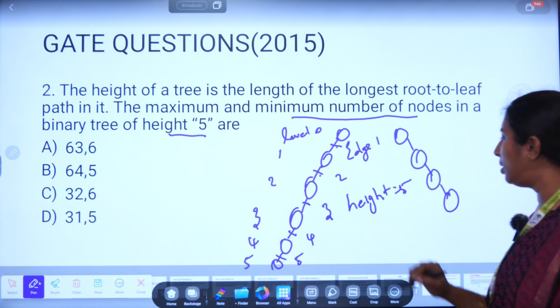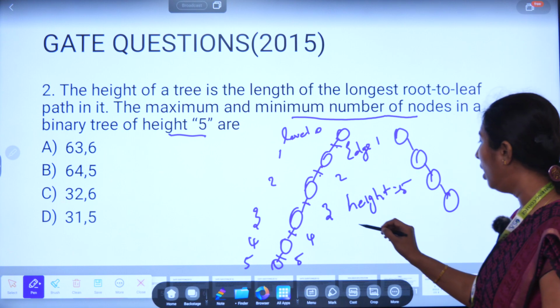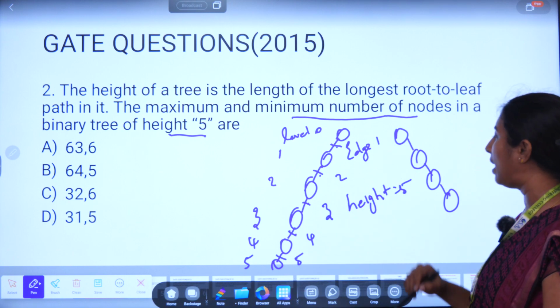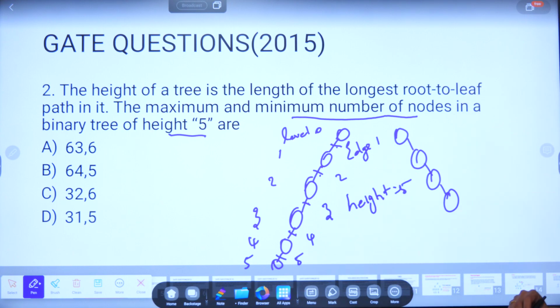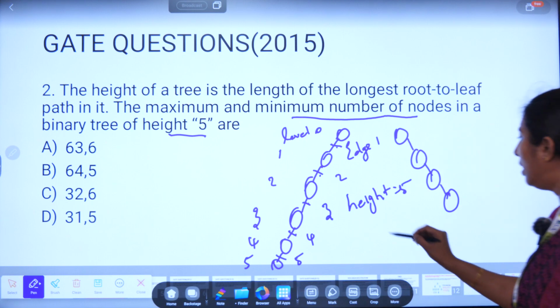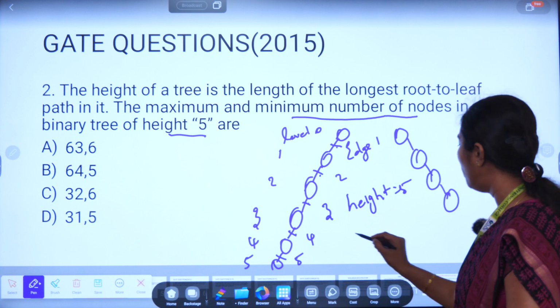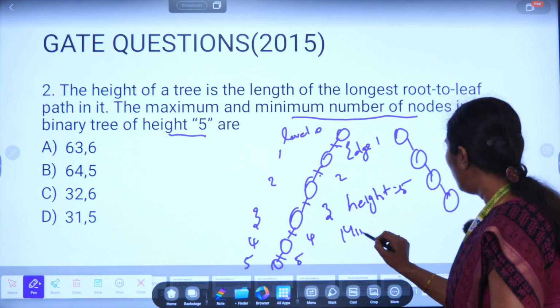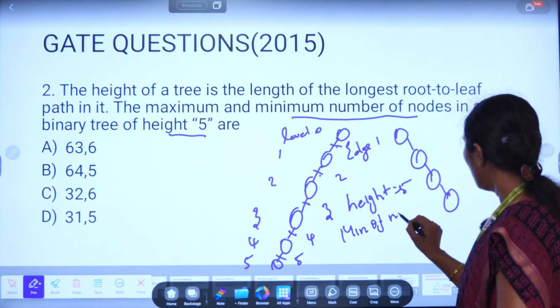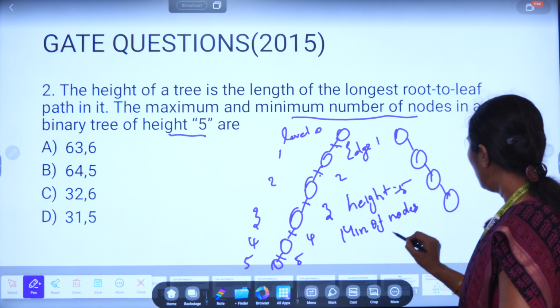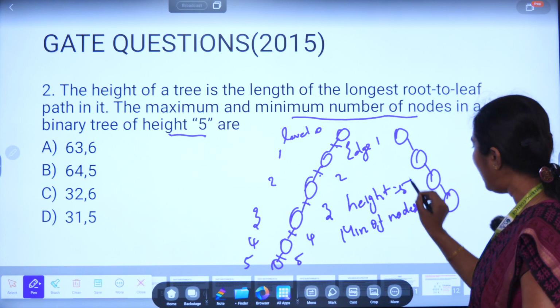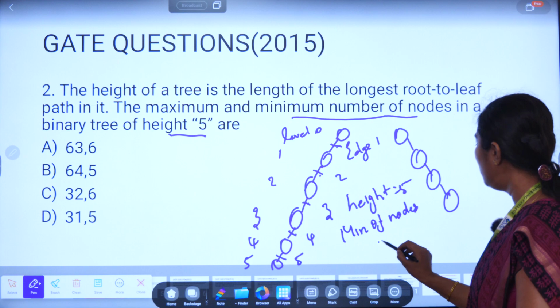With this we can come to a conclusion that the minimum number of nodes this tree of height 5 can have is 1, 2, 3, 4, 5, 6. So the minimum number of nodes we can have for the height 5 they have given is 6.